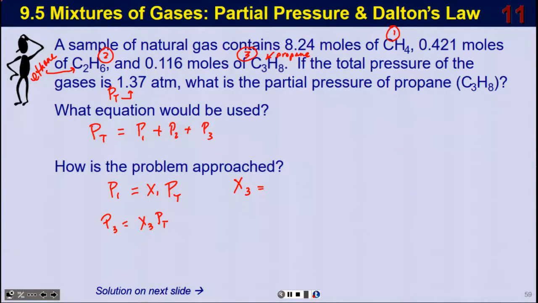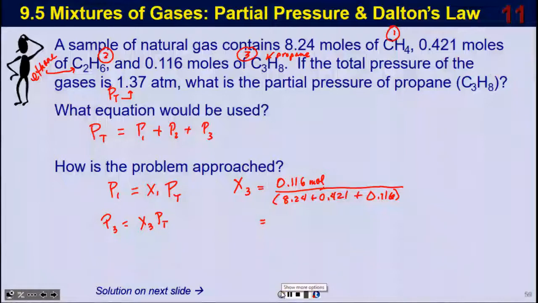And so the mole fraction of the propane is going to be 0.116 moles divided by the sum of the total moles. So it's going to be 8.24 plus 0.421 plus, keep going, a very small number, 0.116. And that will give you the mole fraction of the propane in this mixture.